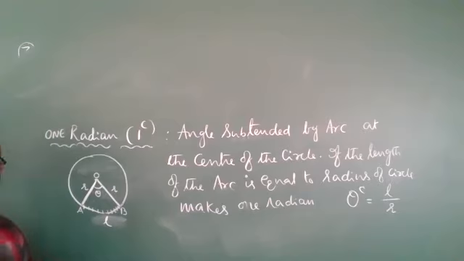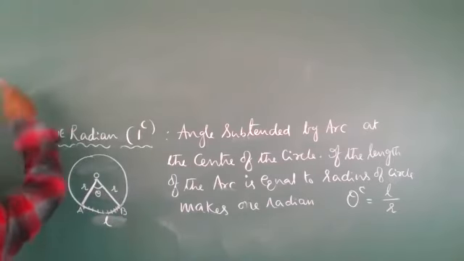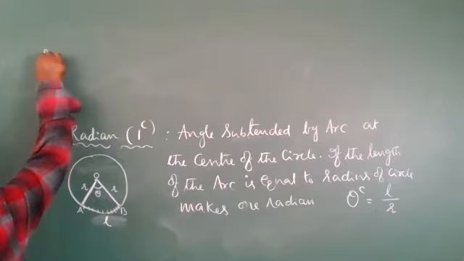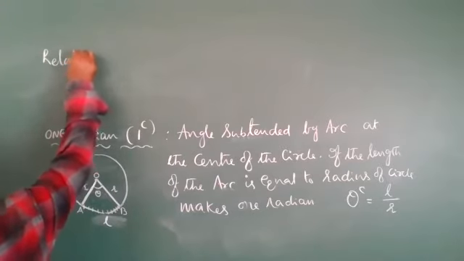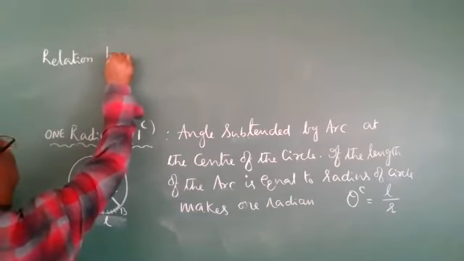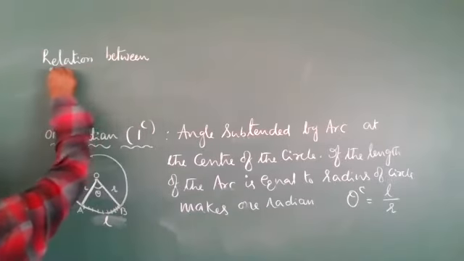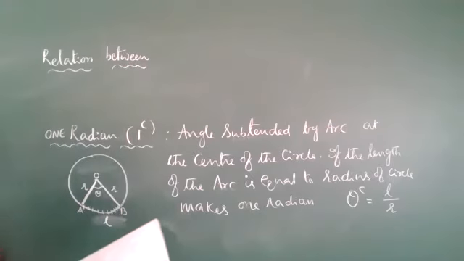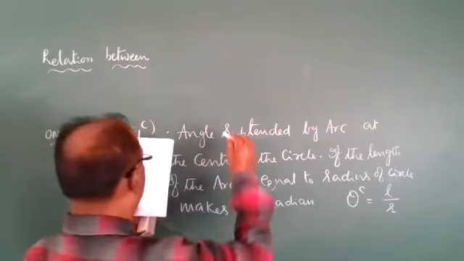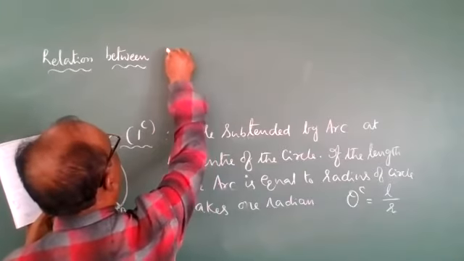Now write down the main point. This is the most important point. Now we are entering into the topic: relation between degrees, grades and radians.